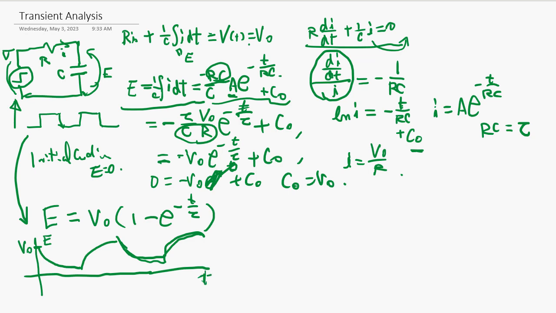Now we define the point where the voltage drops to about 1/2 of V0, meaning it becomes half. So 1/2 equals e to the minus T over tau.